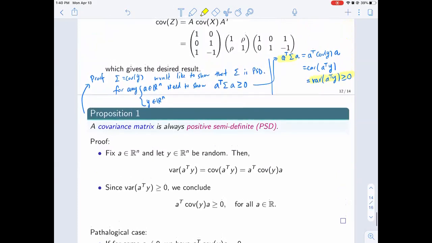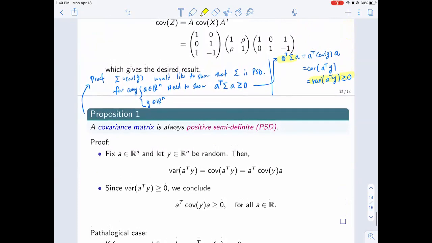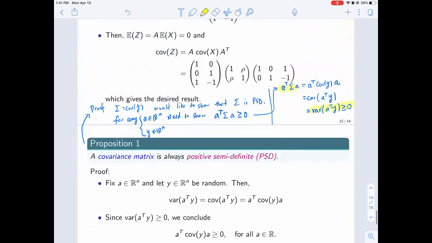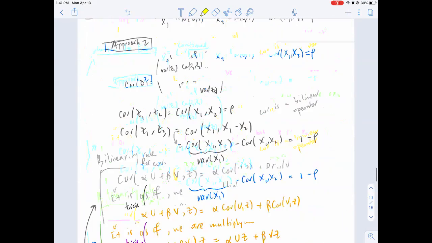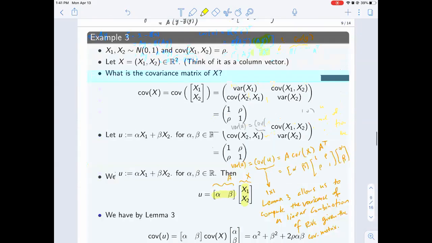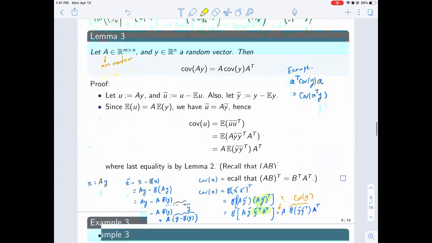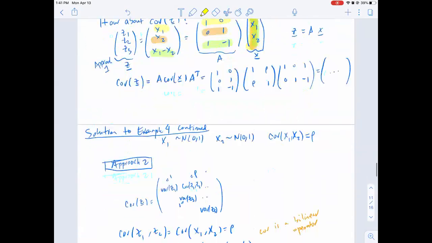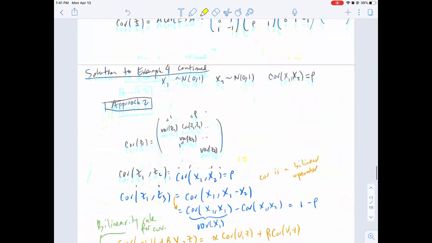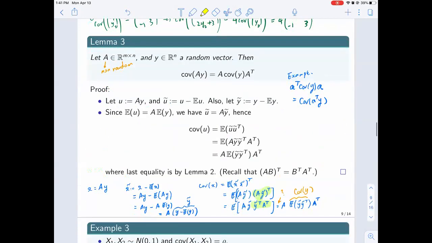Could you repeat how it went from covariance of Y to covariance of A transpose Y? I get the lemma 3 setup with the A transpose covariance Y. Oh, it was in the example. Right, let's go here. Yes, here.